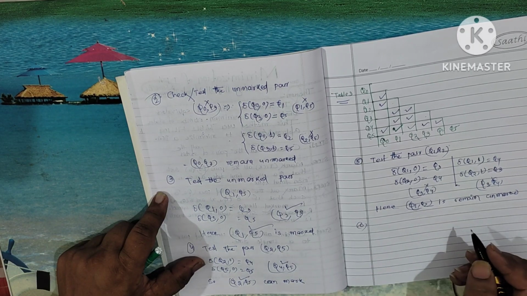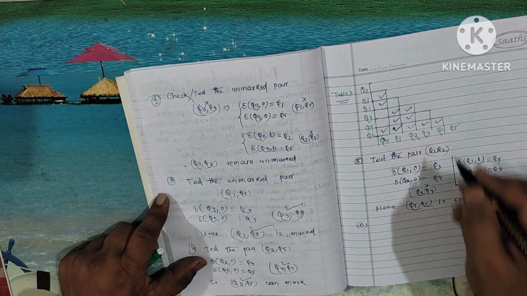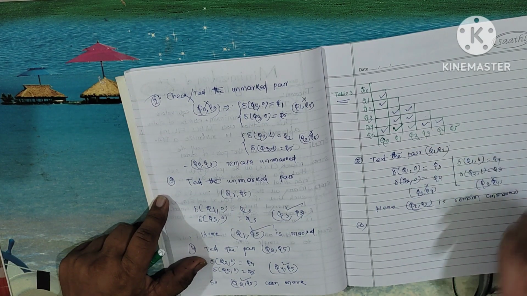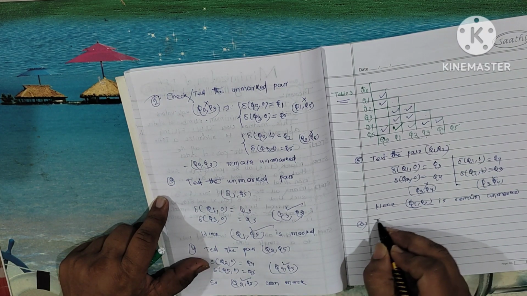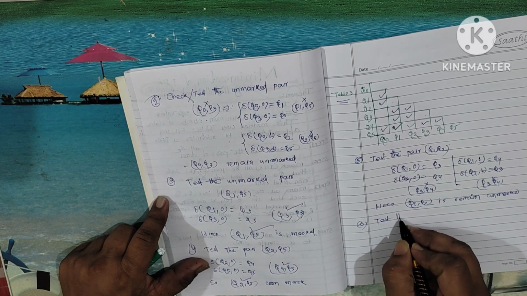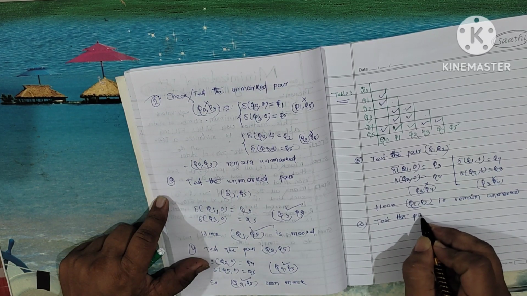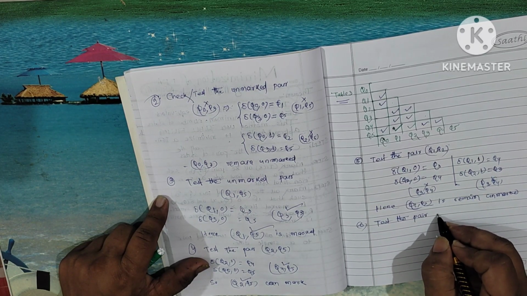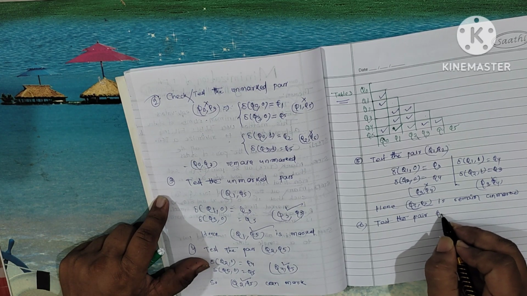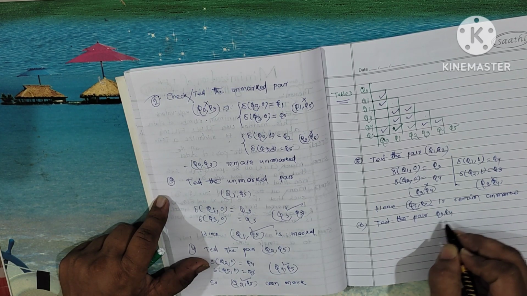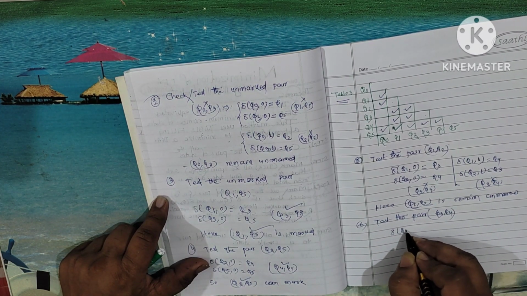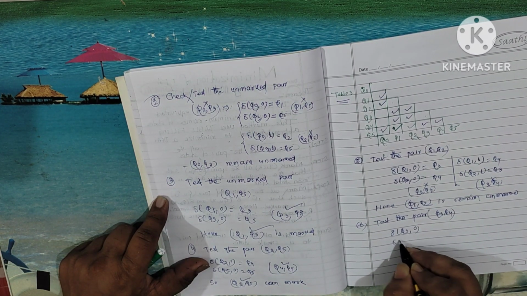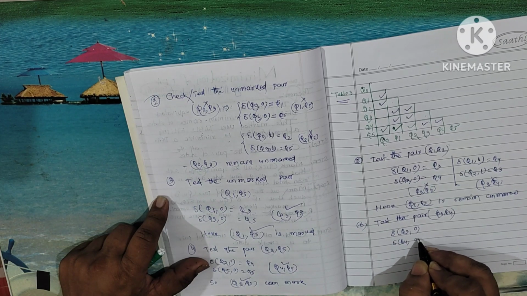Sixth number step, which is the one left out here, that is called Q3, Q4. Test the pair Q3, Q4, unmarked pair. Let us check for Q3 on input 0, Q4 on input 0.